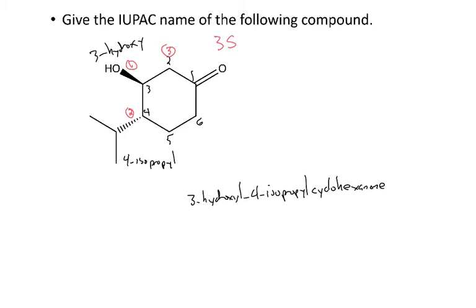Assigning the configuration of carbon 4. Let's see. So here, this carbon is attached to 2 other carbons, whereas this one is attached to an oxygen. So that should be priority 1. That should be priority 2.